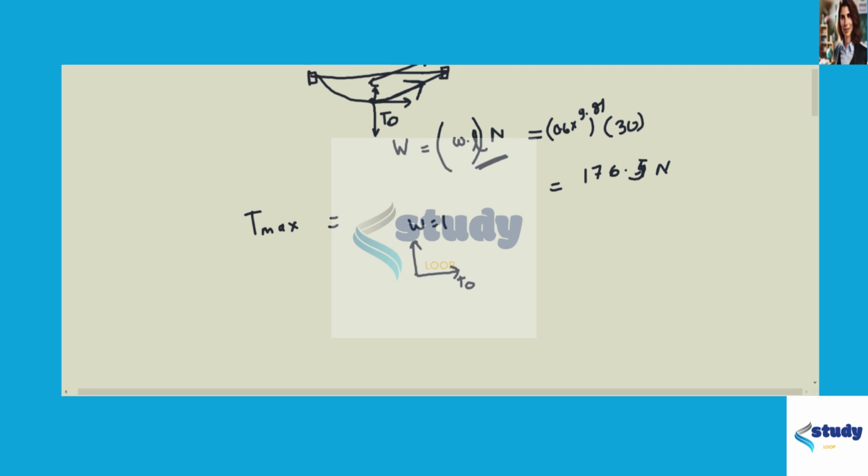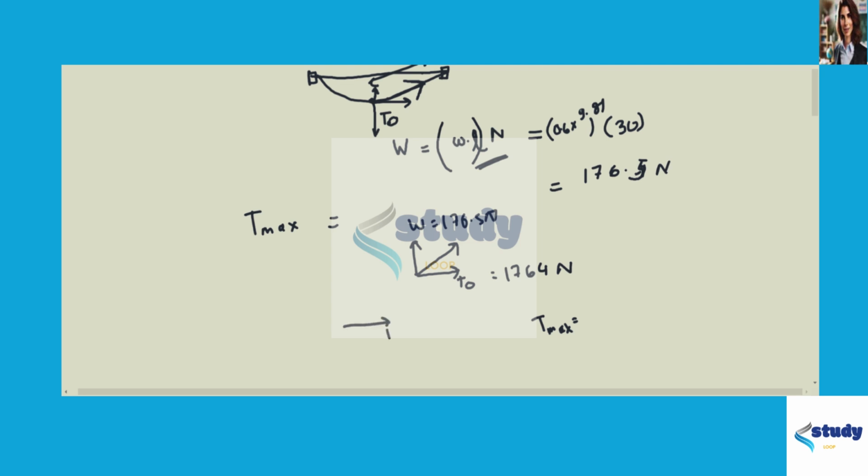This weight is equal to 176.5 Newton, and the horizontal tension we know is around 1764 Newton, and the resultant of this is here. This is the maximum tension, and it can be calculated using the Pythagoras theorem, because this is the hypotenuse.